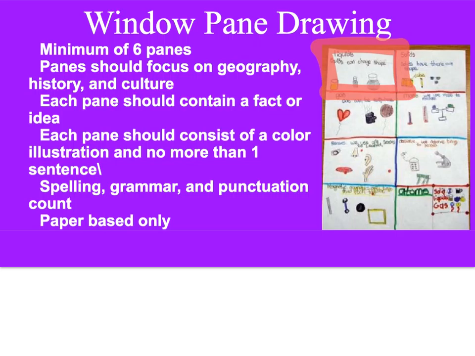Each pane should contain a fact or idea relating to the region. Each pane needs to have a color illustration and no more than 1 sentence. Spelling, grammar, punctuation count. Again, the rubric will tell you exactly what needs to be in each pane. This option is paper-based only. So you cannot complete this on the iPad. If you have an iPad, this is still available to you. You just would have to complete it on paper.